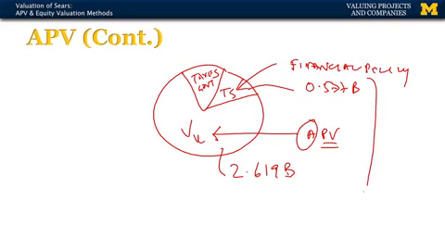WACC combines them and gives you 3.155 billion. I like APV because it splits it up. Both WACC and APV have one thing in common, which I like though. They make you focus on the value creation process, mainly on the asset side.